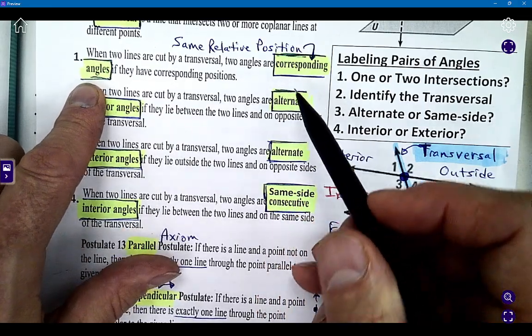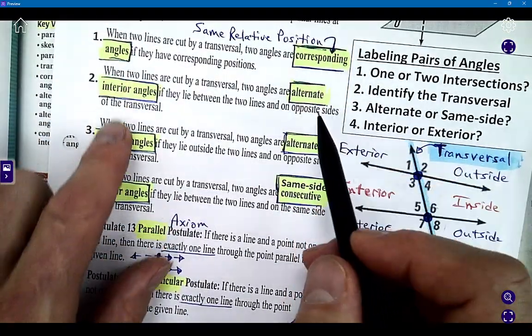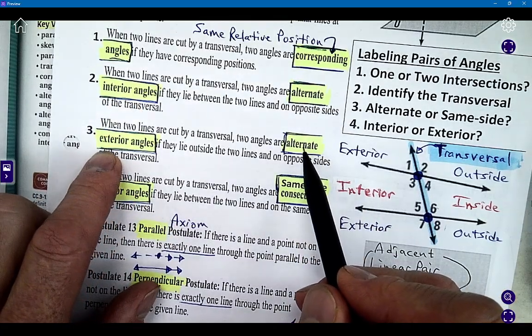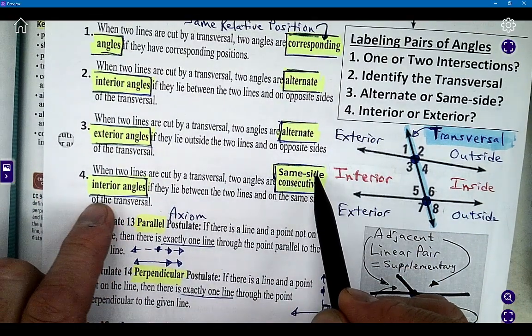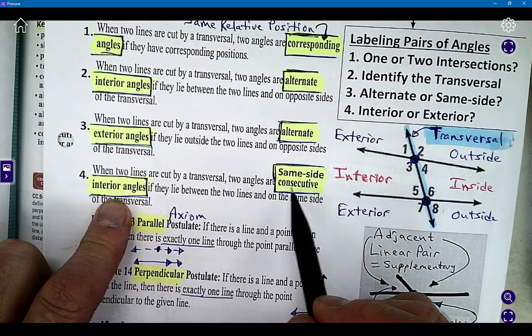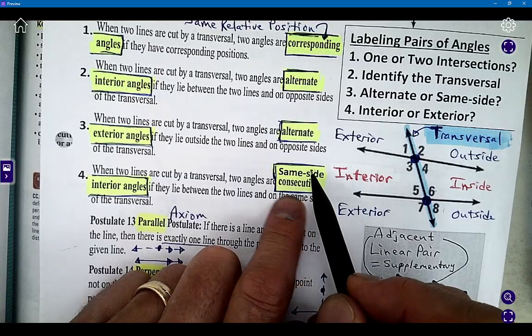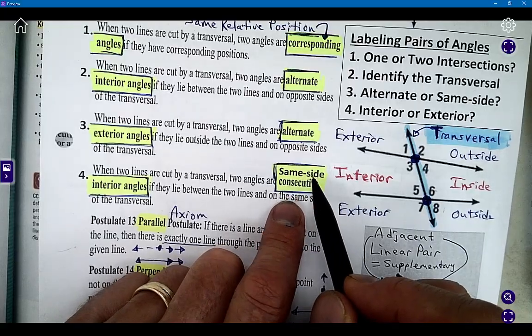Corresponding angles, alternate interior angles, alternate exterior angles, and then same side interior angles or consecutive interior angles. Same side and consecutive are synonyms of each other, different ways of saying the same thing.